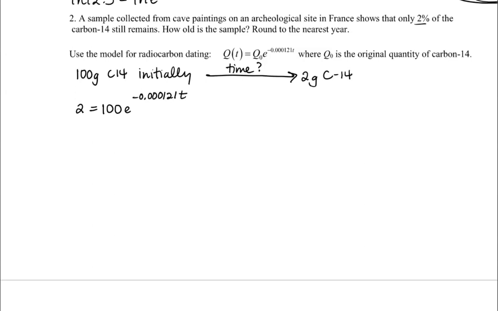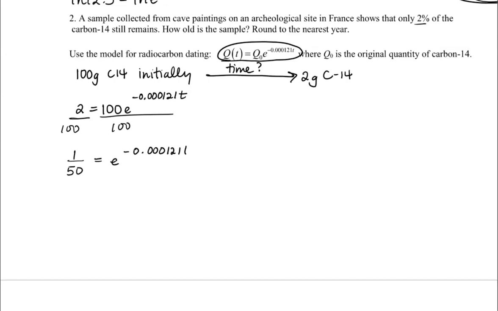I've set up this equation where t is unknown, and we're going to solve for t. I'm going to divide both sides of this equation by 100, leaving me with 1 over 50 equal to e to the negative 0.000121t. Be careful with how many zeros you put after the decimal point. Now that we have the exponential isolated, we take the natural log of both sides.